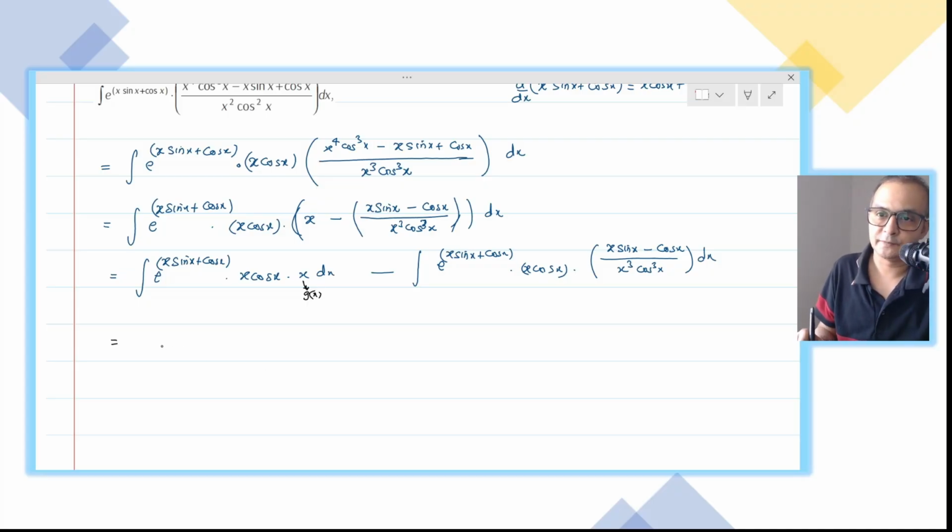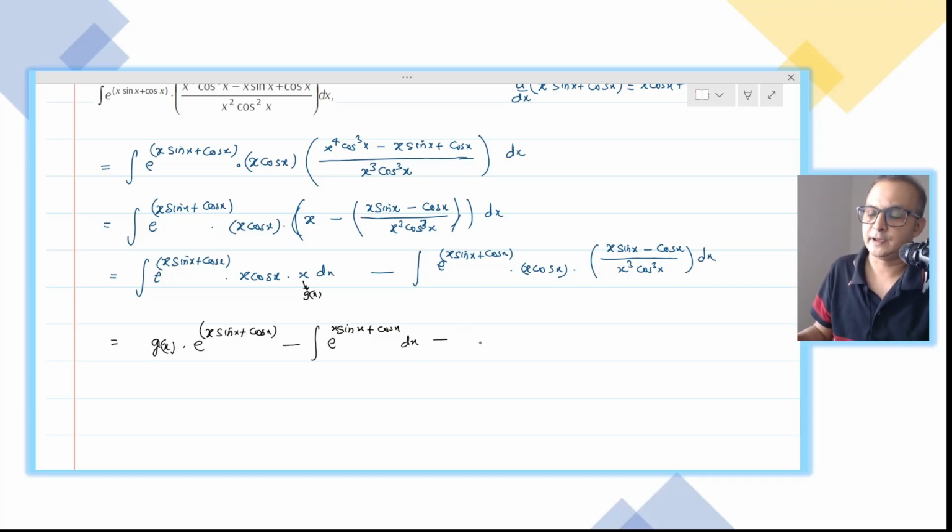So what you write here, the g(x) into this integration, that is the capital F I was talking about, and minus, you have to write again the same thing, the derivative of g, g'(x), there is 1, and then capital F. So capital F is what? e to the power x (sin x plus cos x) dx.